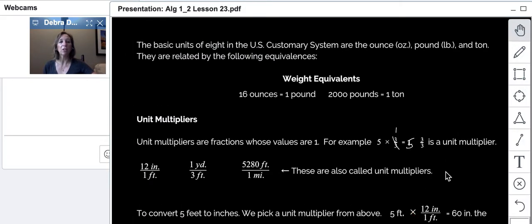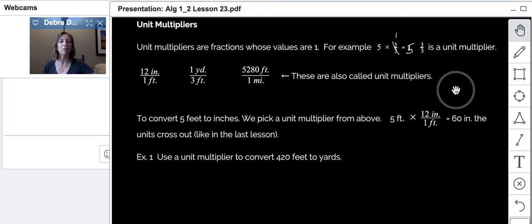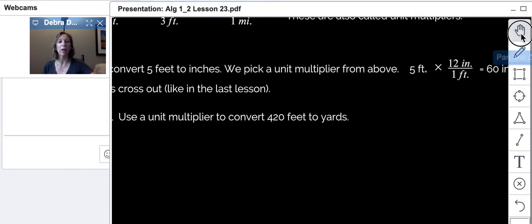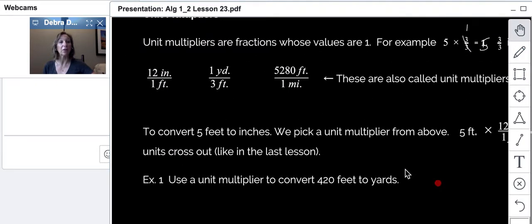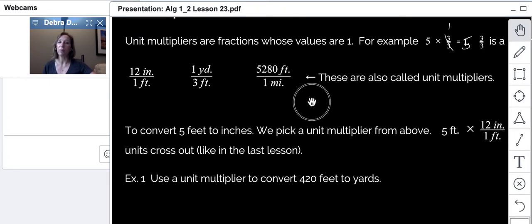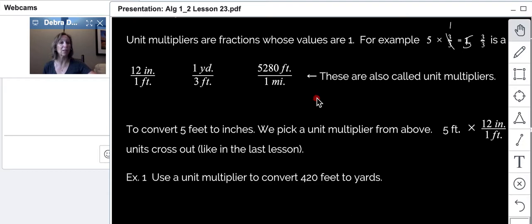We're going to use unit multipliers to convert various units into other units. They're called a unit multiplier when we write one quantity over another. So we have 12 inches over 1 foot, 1 yard over 3 feet, and 5,280 feet over 1 mile. These are called unit multipliers, just like 3 over 3 is called a unit multiplier.